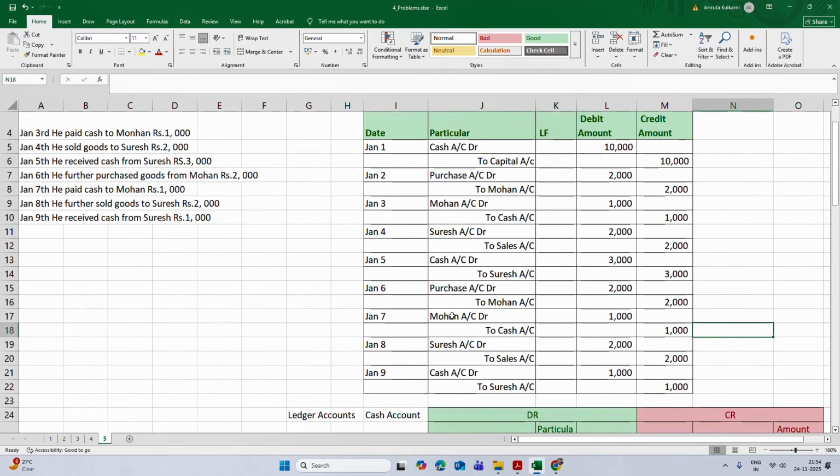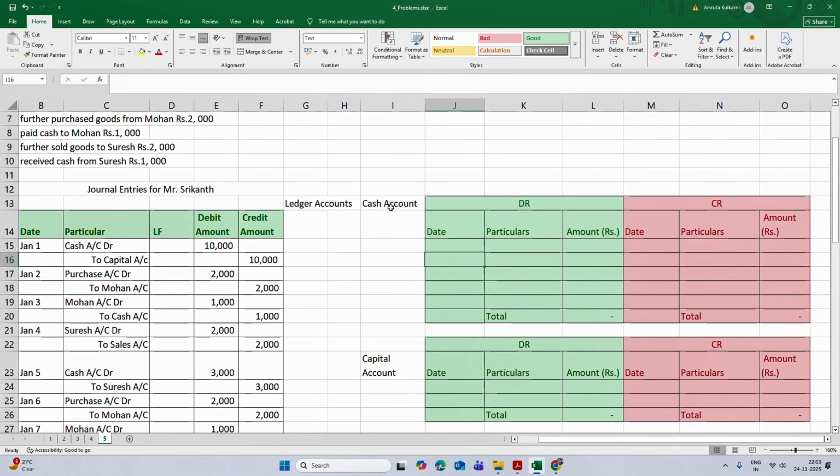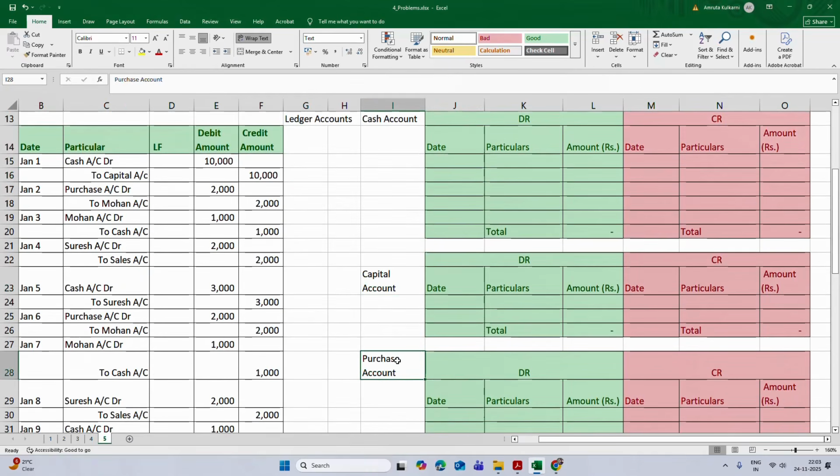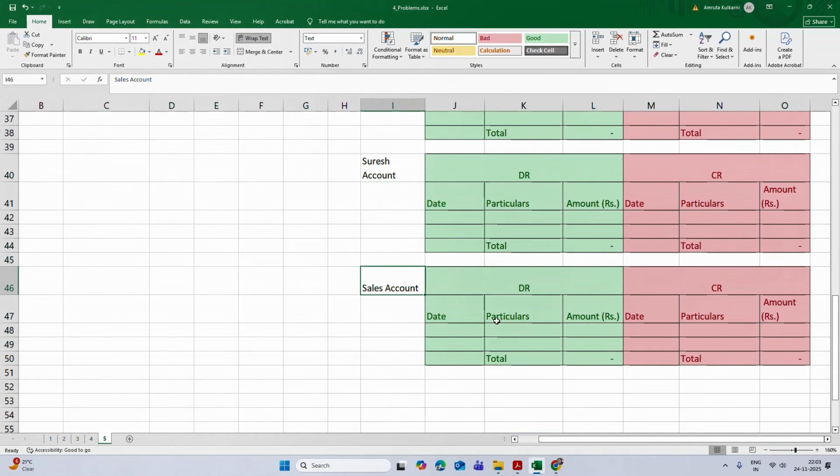Now we will create ledger accounts. In this example we need to create ledger accounts for cash, capital, purchase, Mohan, Suresh and sales account.